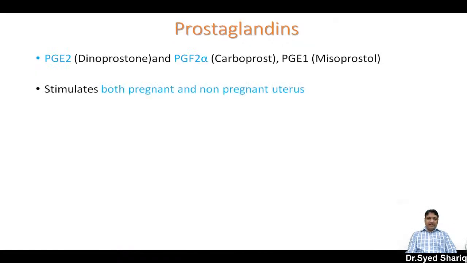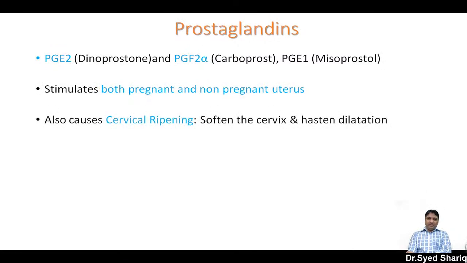Now there are other drugs like prostaglandin E2. They stimulate both the pregnant and non-pregnant uterus. They also cause cervical ripening, that is dilatation and softening of the cervix. As I told you earlier, the main role of prostaglandin is first trimester abortion. They can also be used for cervical priming.